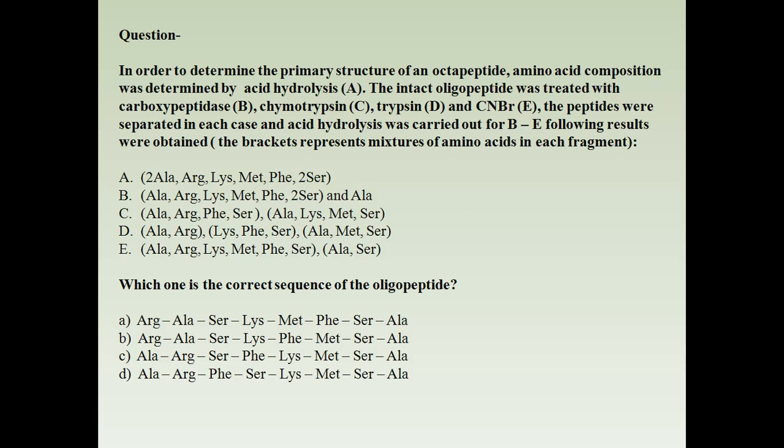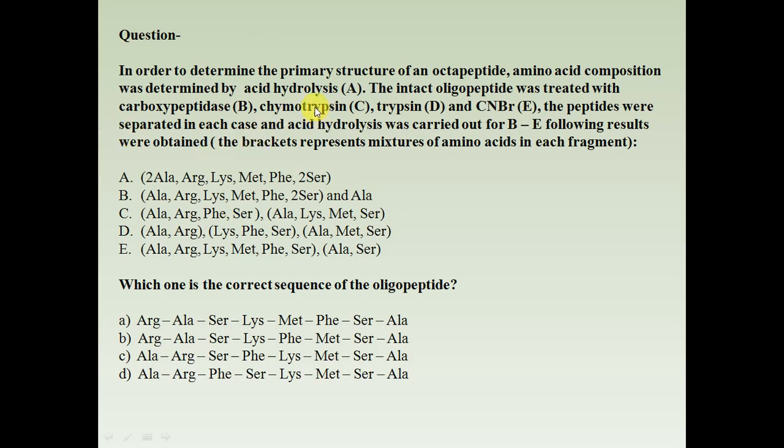At first, there is carboxypeptidase, and it gives this chain, B. As it is not specified whether it is carboxypeptidase A or B, you cannot predict the answer, so you will ignore the carboxypeptidase right there.